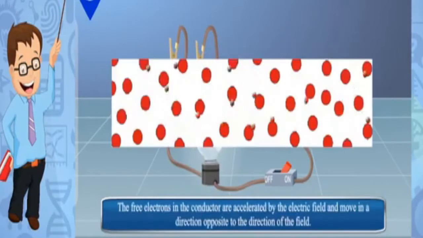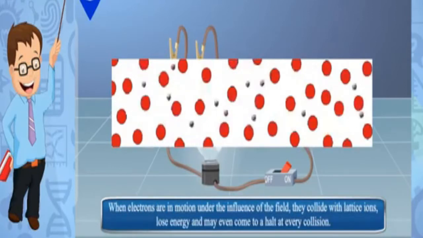The free electrons in the conductor are accelerated by the electric field and move in a direction opposite to the direction of the field. When electrons are in motion under the influence of the field, they collide with lattice ions, lose energy, and may even come to a halt at every collision.